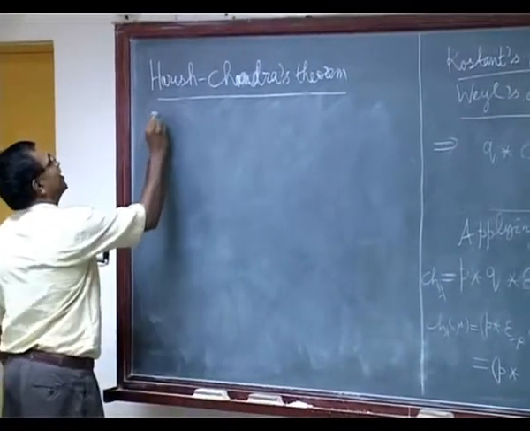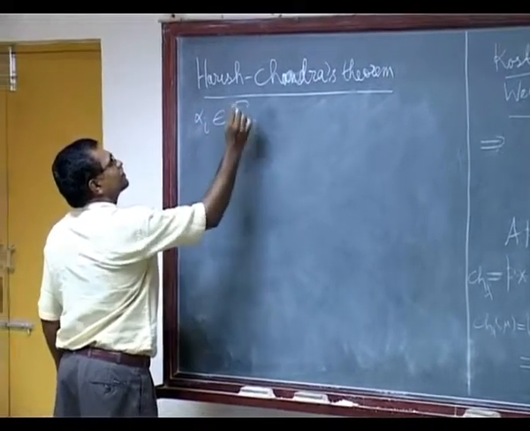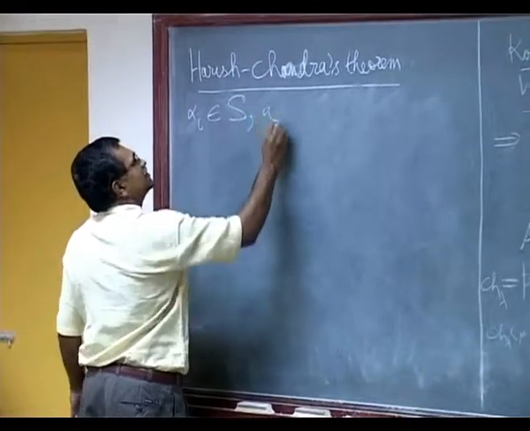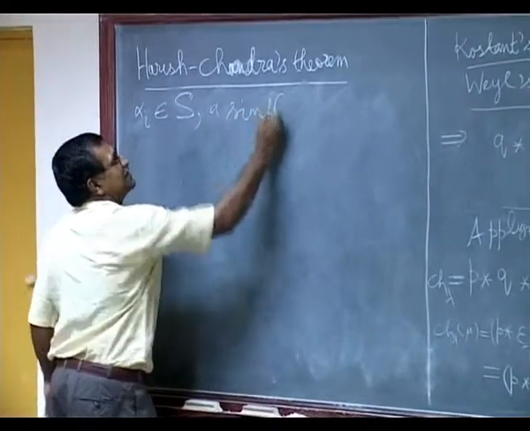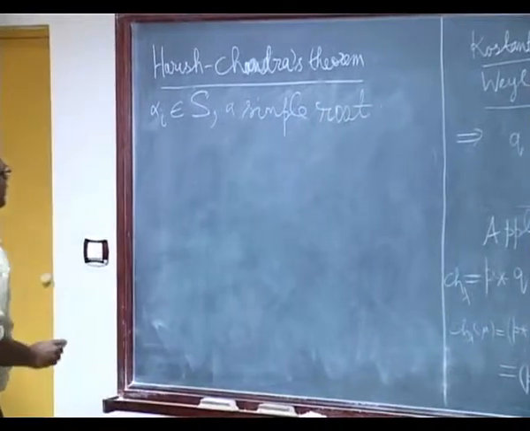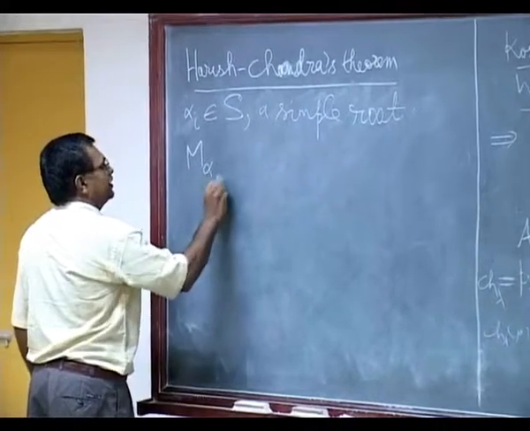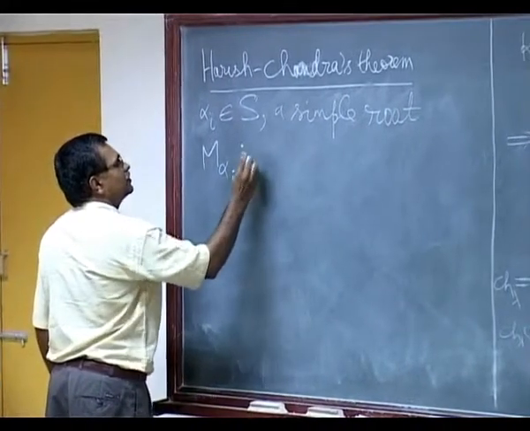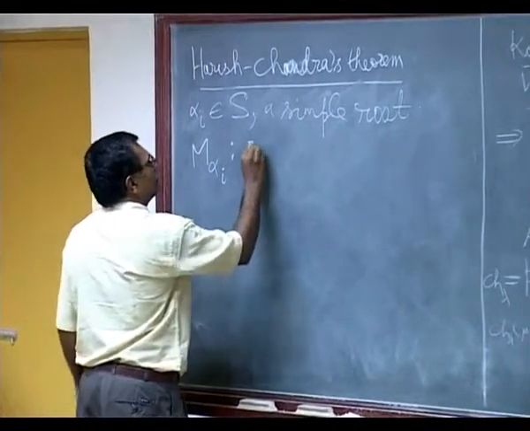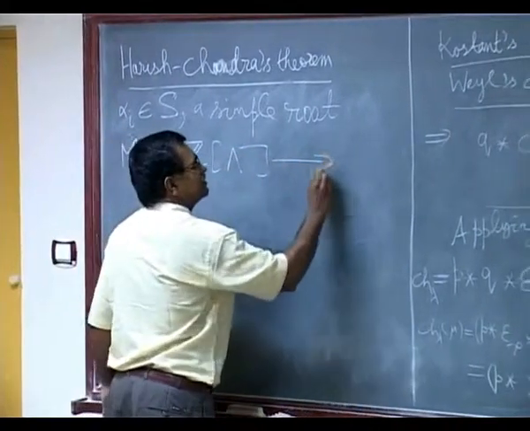So, take any alpha I as simple root. So, look at this notation m alpha I. This is a map from Z lambda to Z lambda.